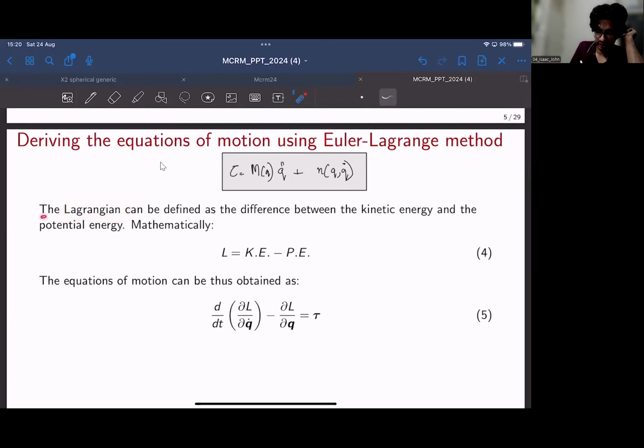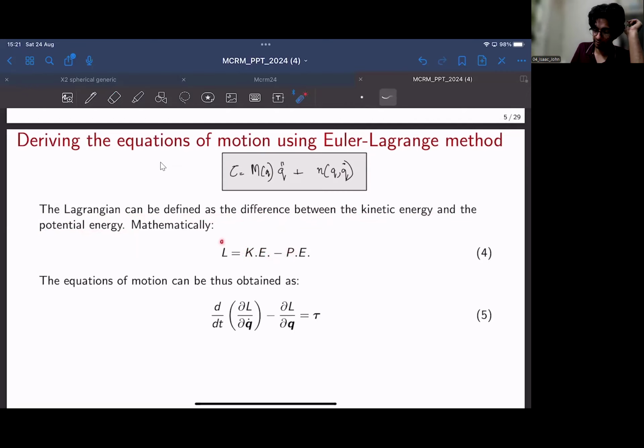The scalar Lagrangian can be defined as the difference between the kinetic energy and potential energy. For example, a robotic arm can have multiple links, and each of these links can have potential and kinetic energies associated with it. And the Lagrangian of a robot manipulator is nothing but the difference between the total kinetic energy and the total potential energy.